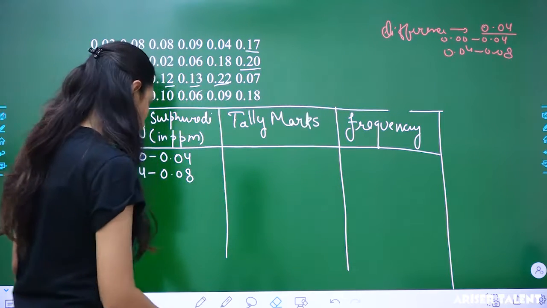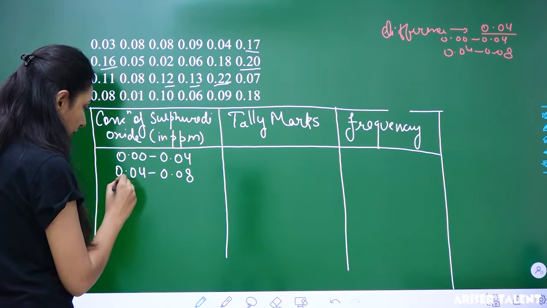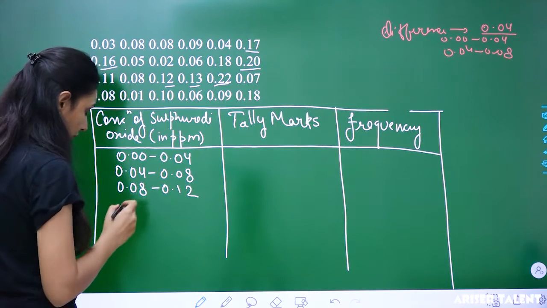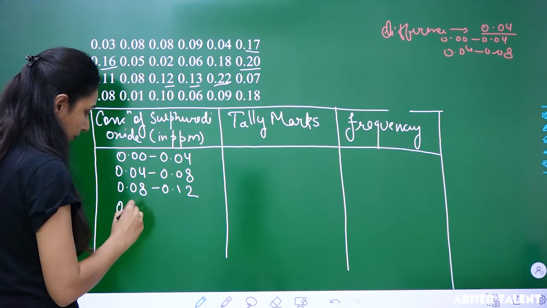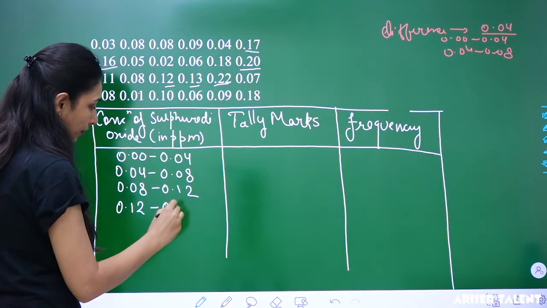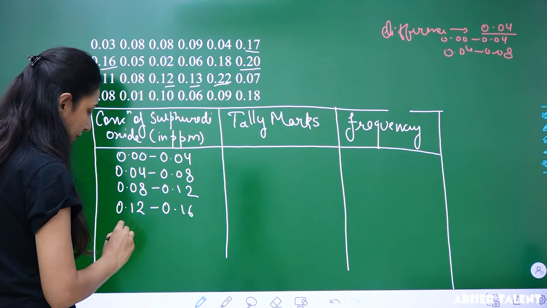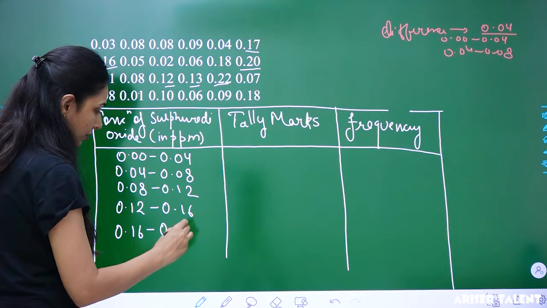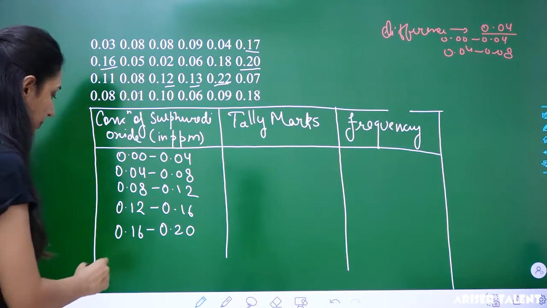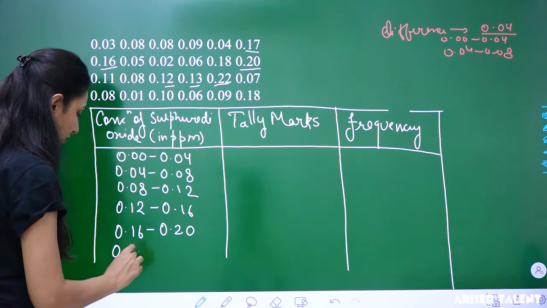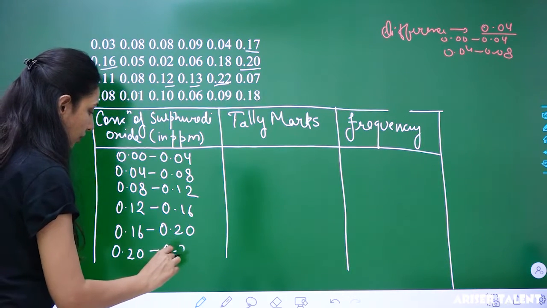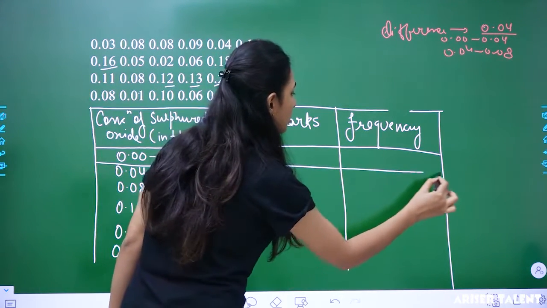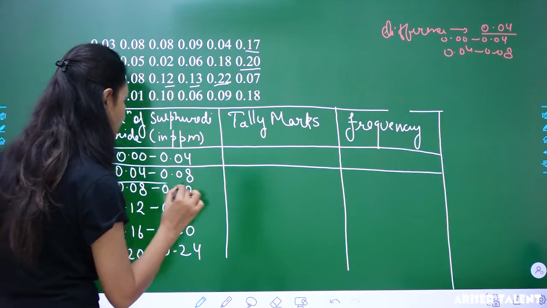Then 0.08 to 0.12, then 0.12 to 0.16, then 0.16 to 0.20, then 0.20 to 0.24, and that's it. So we are going to make a nice table out of it.